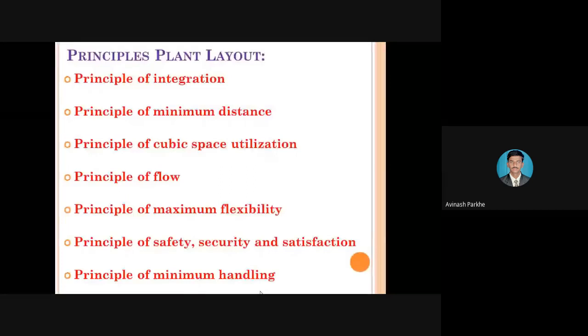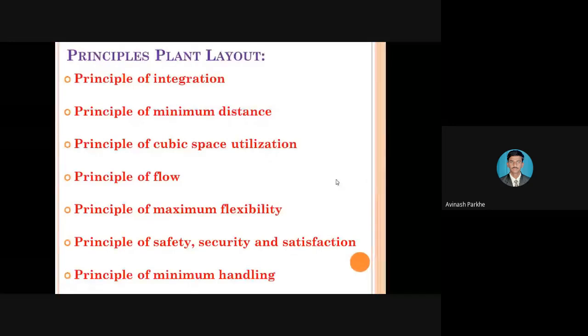The small components should be handled by the operator or worker only, and all the medium or heavy duty components should be handled using material handling equipment, which includes trolleys, trucks, tractors, and some cranes. So this is the last principle, the principle of minimum handling.